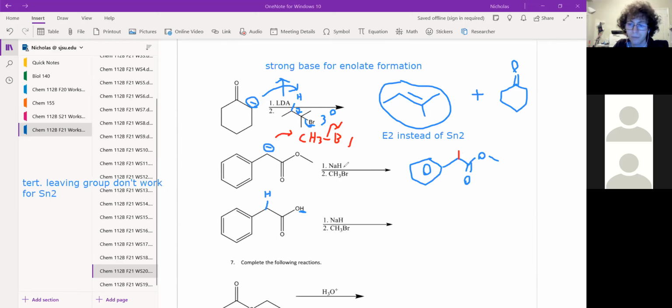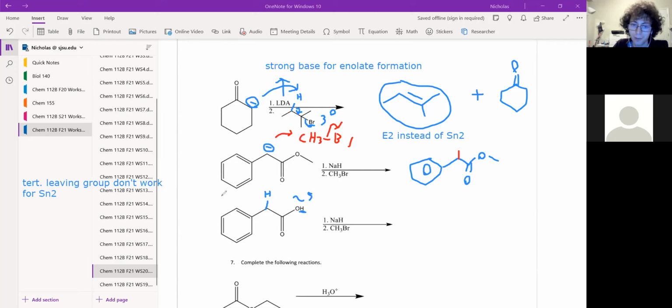No, the carboxylic acid one is a stronger acid, because this has a pKa of about 5. I think the pKa for this alpha proton would be about 25. So this has a lower pKa, it's a stronger acid. So that's going to be the hydrogen that the hydride takes, not the alpha proton.